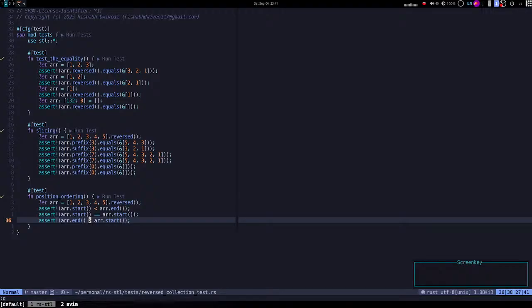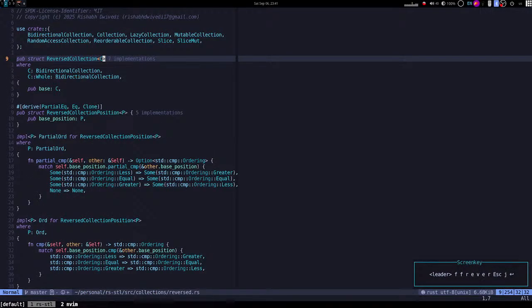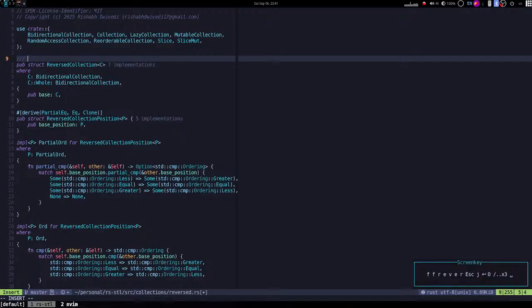I think I want to go through a PR way so that I can actually check if everything is passing, because I have done a lot of changes, right? I do not know if I have reverse.rs, a collection that presents elements in reverse order of base collection.